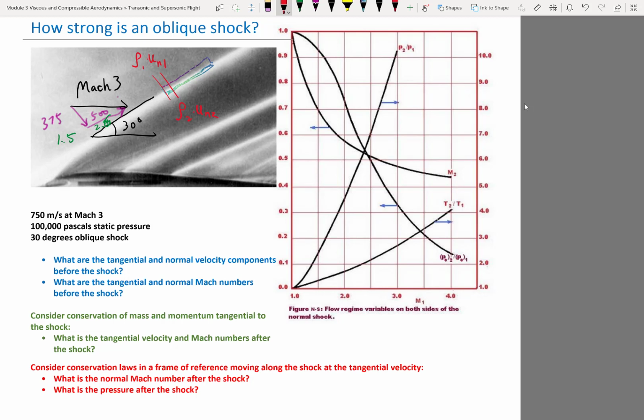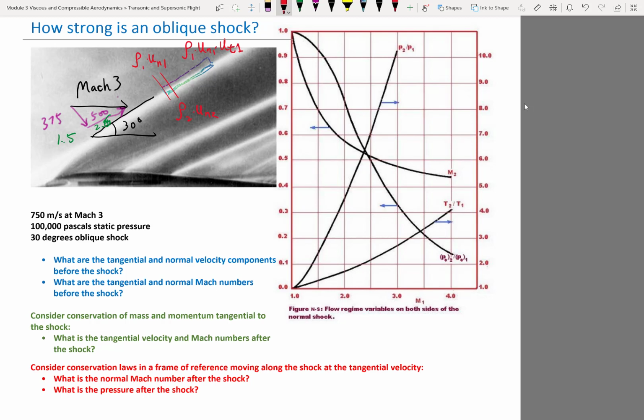So this is that mass flux: rho 1 times u normal 1 times u tangential 1. That's how much tangential momentum has gone into the control volume. How much tangential momentum has gone out of the control volume?